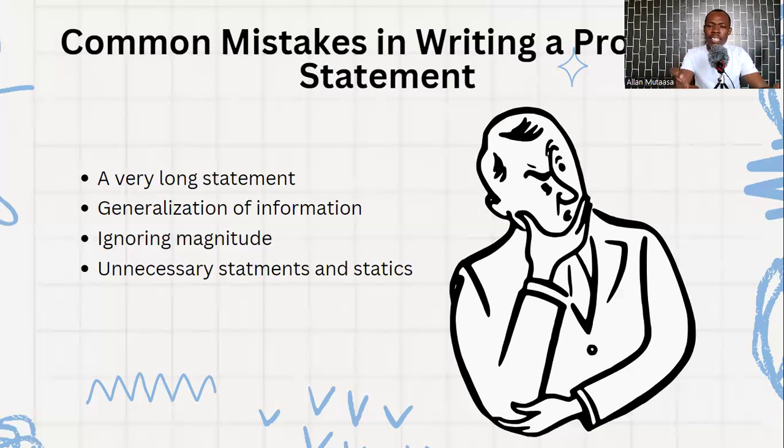There is only a single exception to this magnitude. That is if you're doing a completely qualitative study. Sometimes if you're doing a qualitative study and you're trying to evaluate the experiences of people, for instance, the experiences of patients with cancer towards chemotherapy treatment, you might not really be able to measure the experiences.